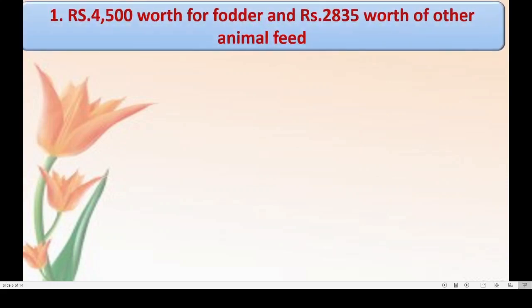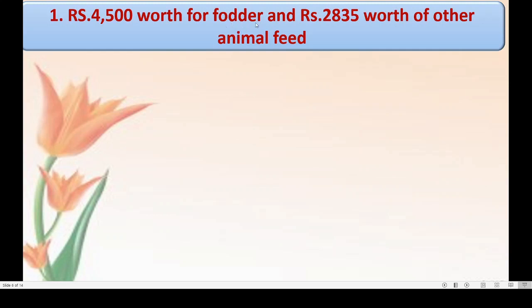See, the information given is number 1, rupees 4500 worth for fodder and rupees 2835 worth of other animal feed. Means this is money, you know, because it is rupees. And what is the meaning of fodder? That is animal food.